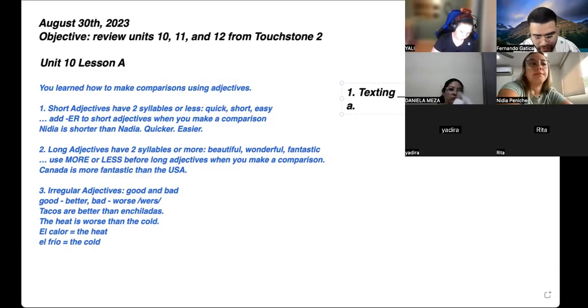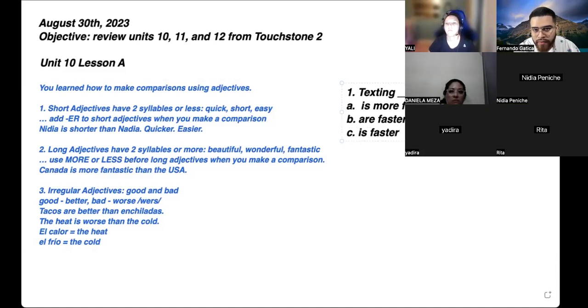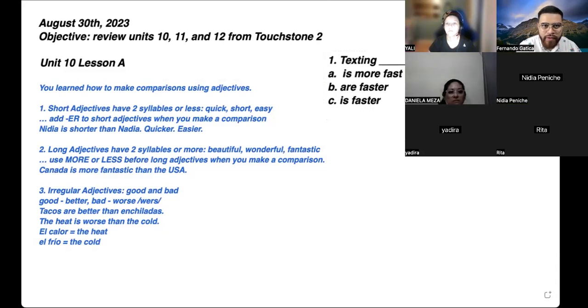And your options are gonna be A, is more fast, B, are faster, or C, is faster. What is the correct answer? Letter C, is faster. Texting is one thing, so it's singular. That's why you need to use is, right? Are is for plural things. So texting is faster would be correct.